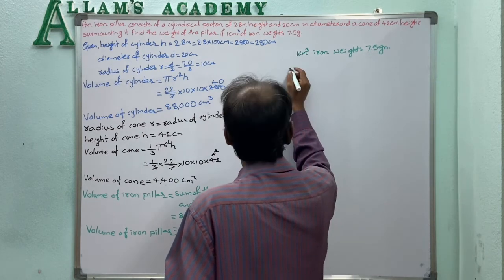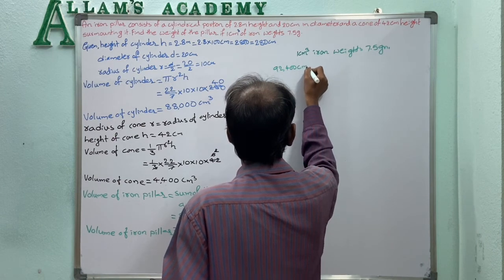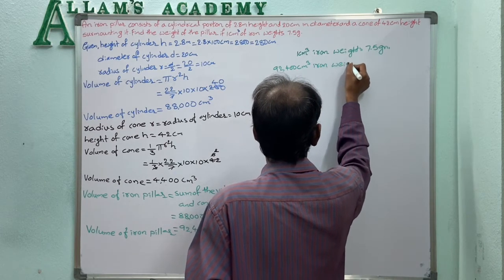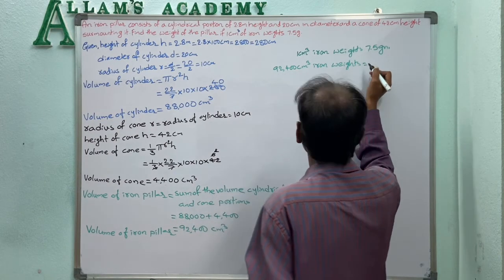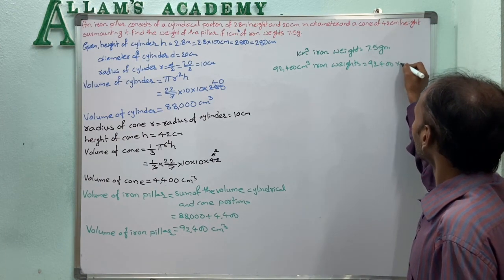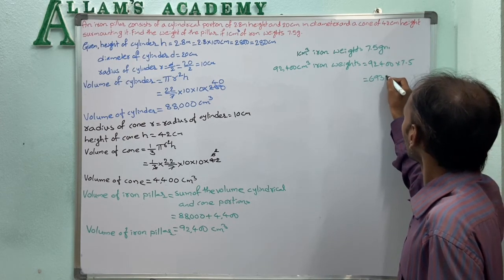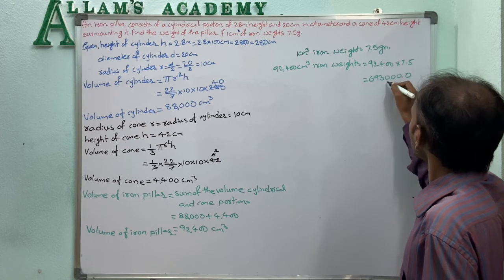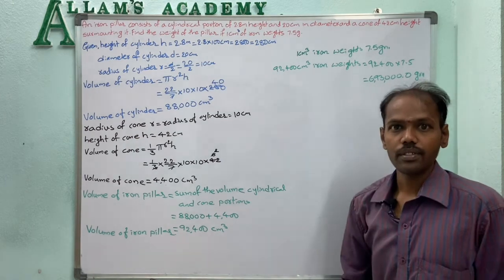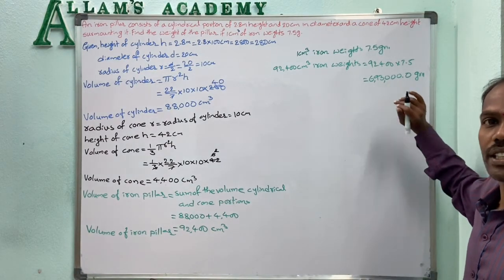Now 92,400 centimeter cube of iron weighs 92,400 into 7.5, that equals 6,93,000 grams.